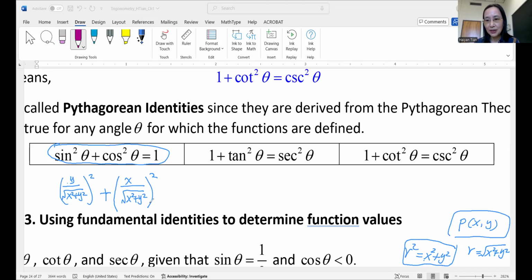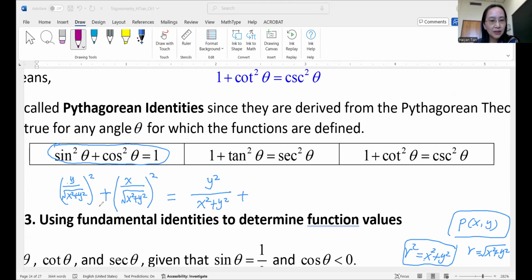Let's see if we can reduce this quantity to 1. So if we add them, let's square the first quantity. I get y squared in the numerator, r squared in the denominator. The second quantity, the numerator squared, the denominator squared.